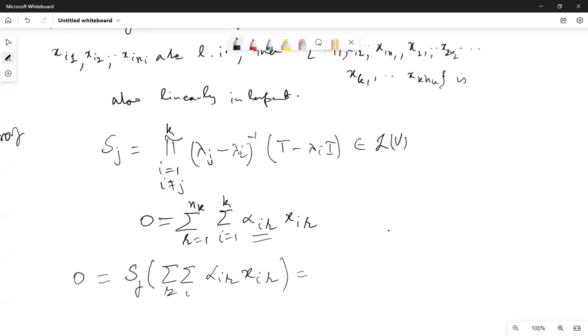What is left here because of this? This is r starting from 1 to nj, alpha jr xjr.